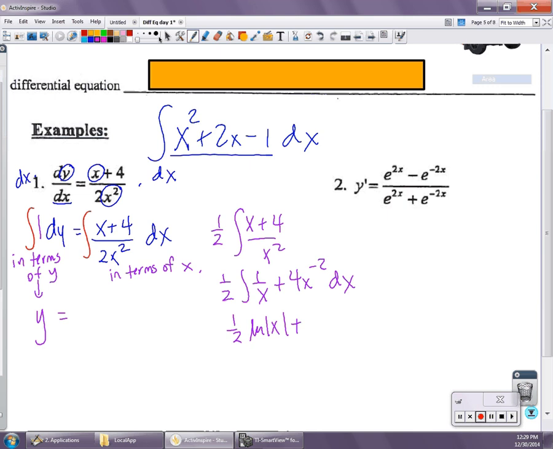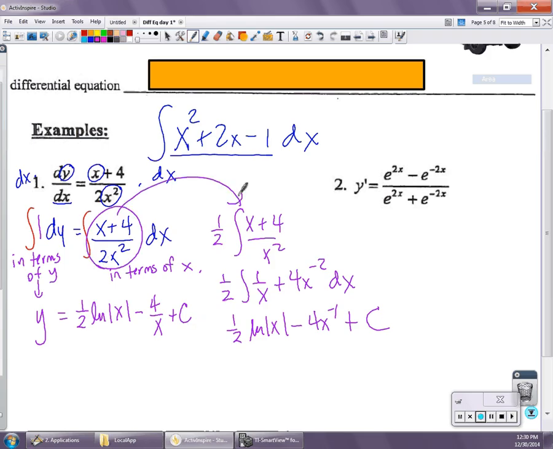Increase the power by 1. So that's going to give me 4x to the negative 1 minus 4, and then my plus c. So 1/2 ln absolute value of x minus 4 over x plus c. So notice I just took the right-hand side over here, pulled the 1/2 out front, did a little bit of algebra work, and found the antiderivative.